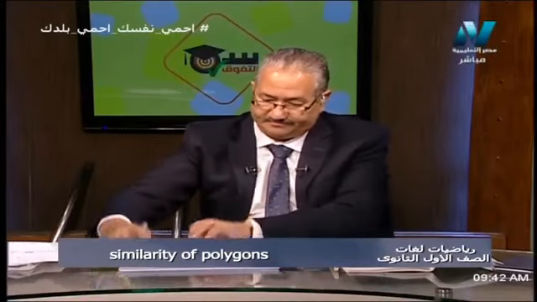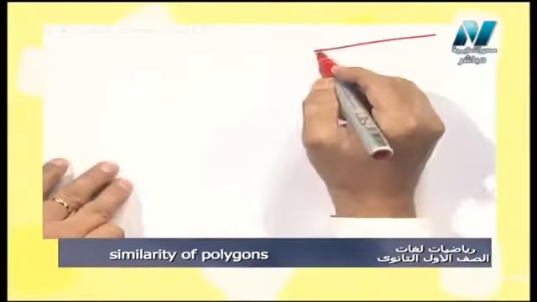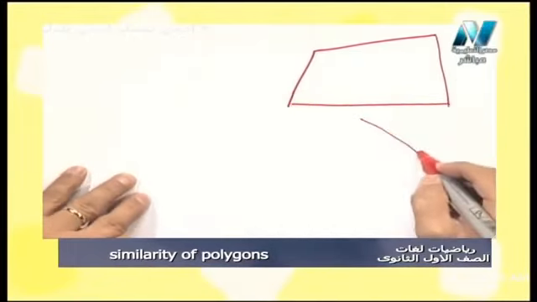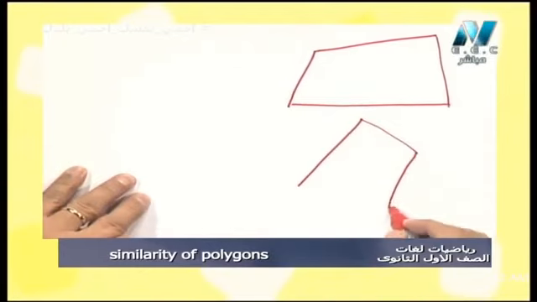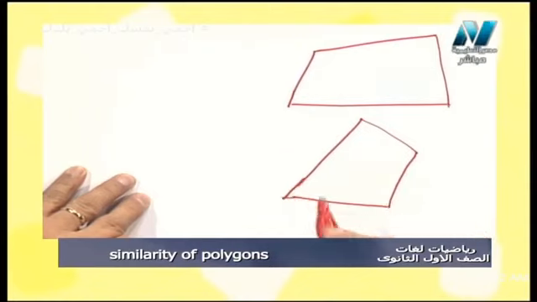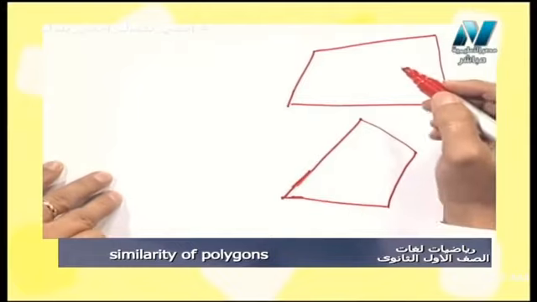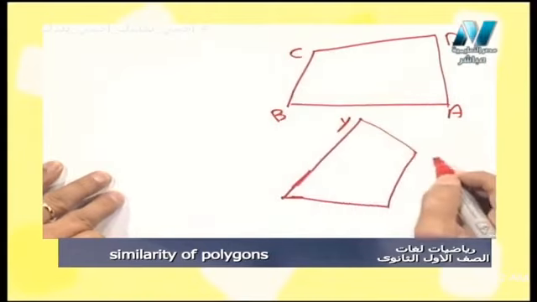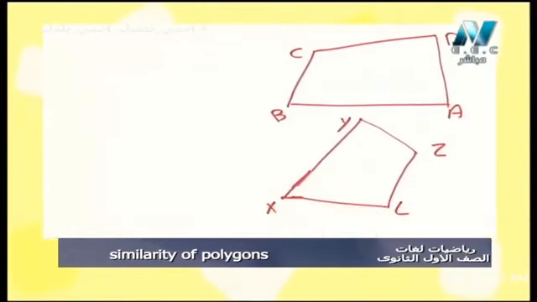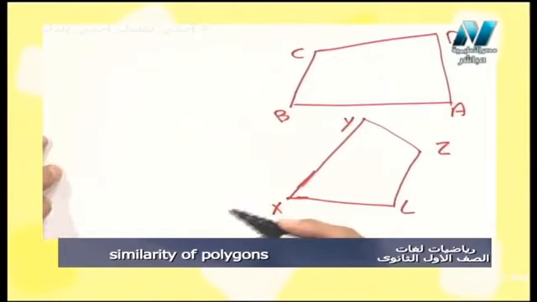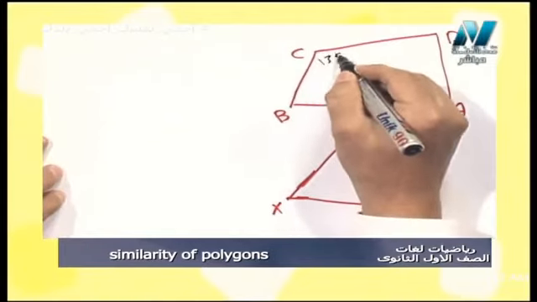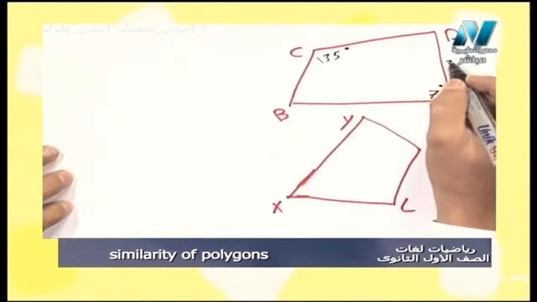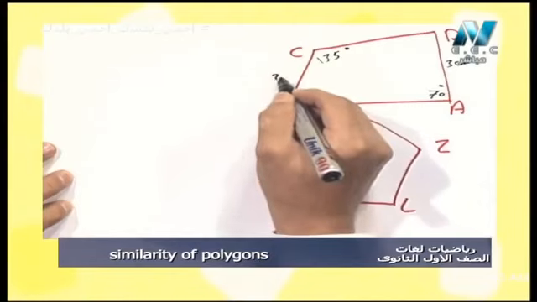If we have a quad like that, and another one like that, say that this is D, A, B, C, and this one is Y, Z, L, X. We have two quads here, and we have C of measure 135 degrees, A is 70 degrees, and AD equals 3 centimeters in length, and CB is 2.1 centimeters.